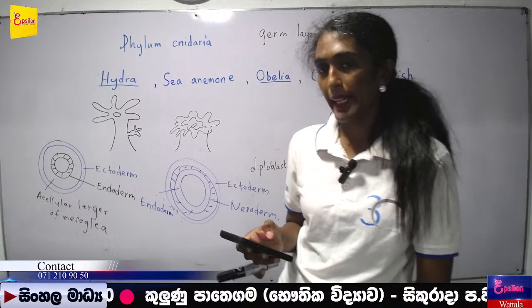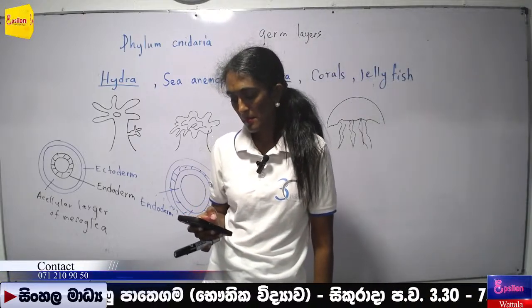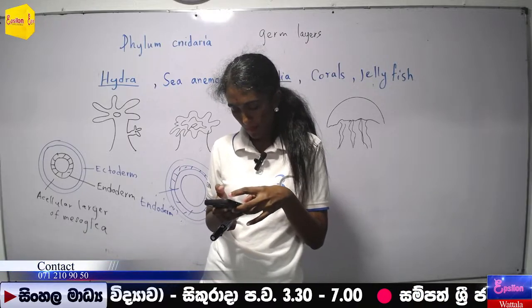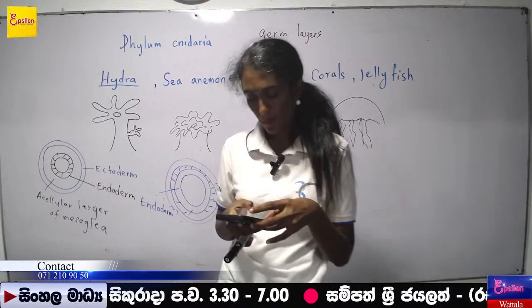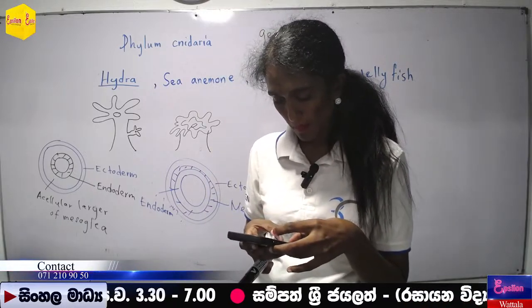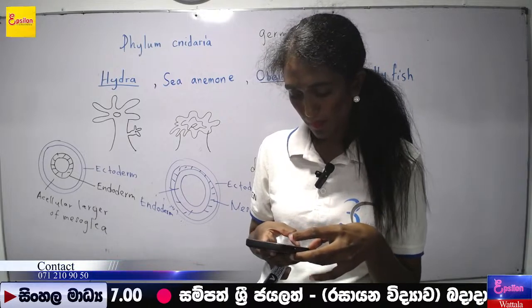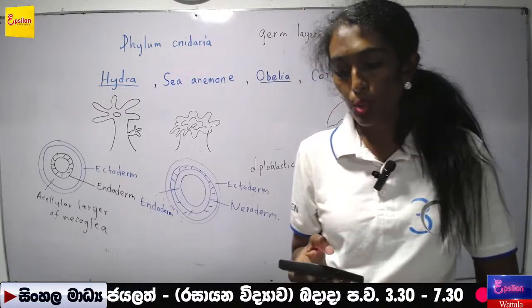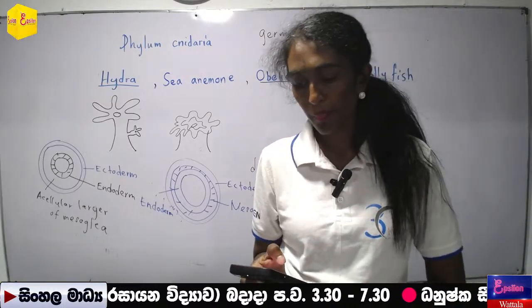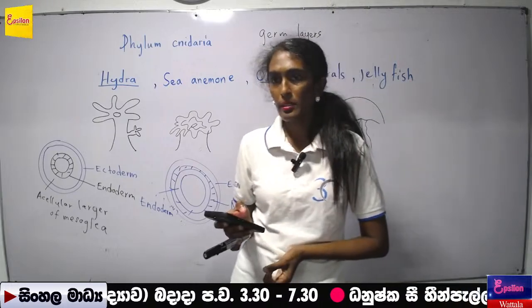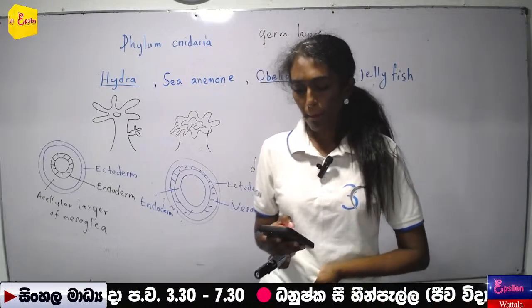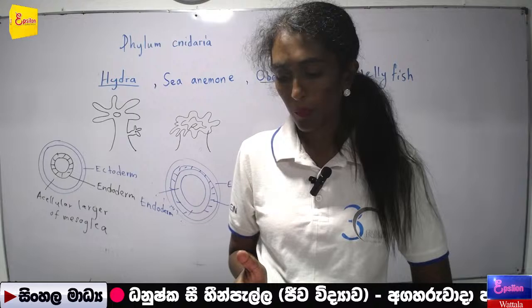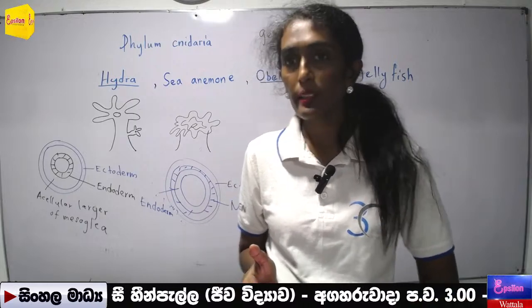A basic body plan in which organisms can be divided into similar halves along the central axis.